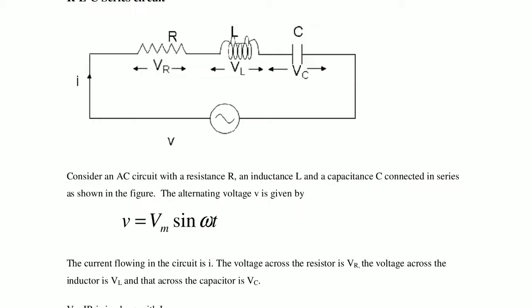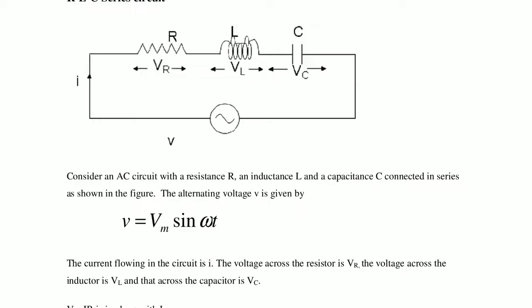Now go for the inductor. Here the inductor voltage is VL. How can we calculate the voltage drop across the inductor? VL is I into L, it is not correct.